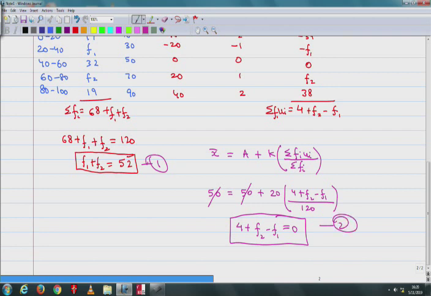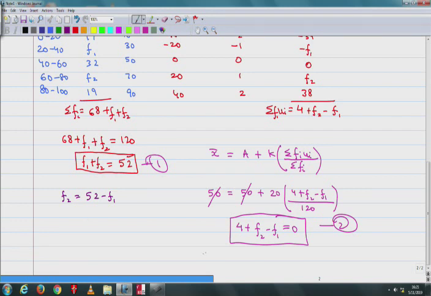Now we just have to solve this system of equations to get F1 and F2. Either you can use substitution or elimination, whatever you want. Let us say we are using substitution. From here F2 is equal to 52 minus F1.